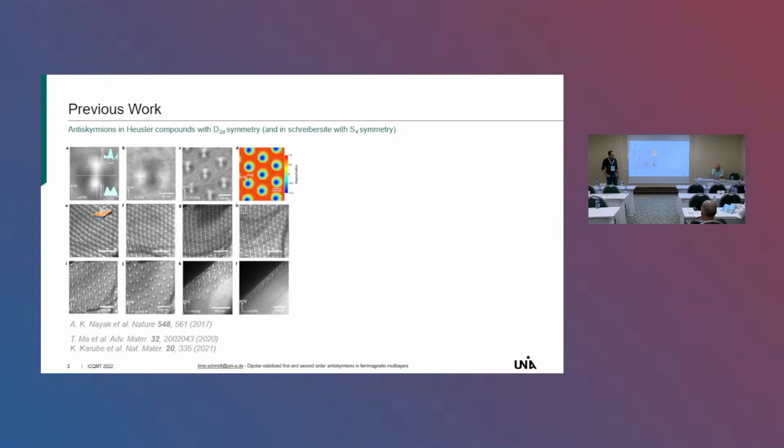So let's get on with some previous work on skyrmions and basically anti-skyrmions. There has been a lot of research on skyrmions. Obviously, the research kind of exploded after they were found, but not so much on anti-skyrmions. Anti-skyrmions have been stabilized in these Heusler compounds with their symmetry of D2d. You can see here some Lorentz TEM pictures of these spin entities, which are really well aligned in that lattice.